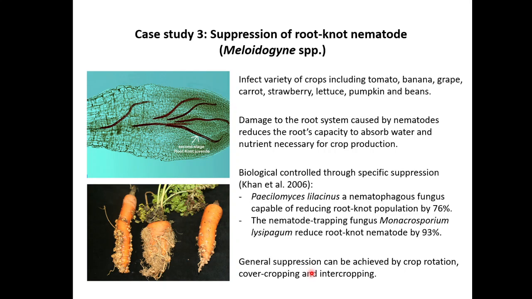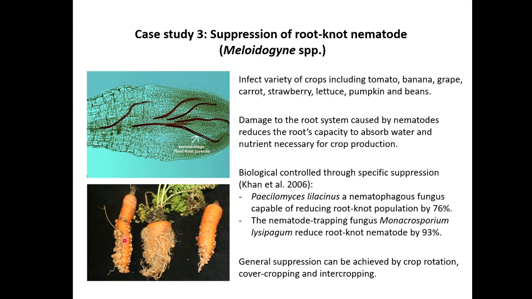These root knot nematodes are serious pests in crop production because they infect a variety of crops including tomato, banana, grapes, carrots, strawberry, lettuce, pumpkin, and even bean. Damage to the root, like we show here, caused by nematodes reduces the root capacity to absorb water and nutrients necessary for crop production.